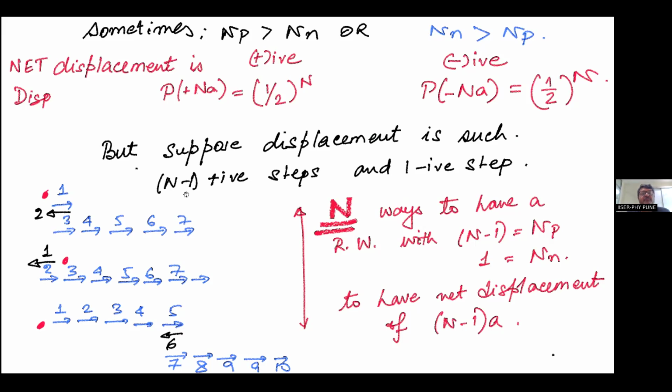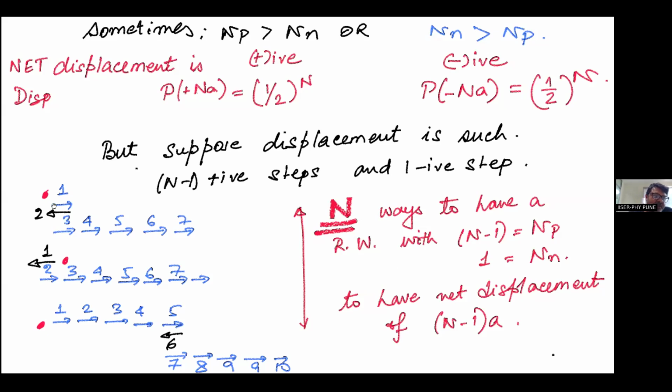But the number of ways that he can have n minus 1 positive steps and just 1 negative step, there are many ways to do that. Why? There are actually n ways to have a random walk where NP equals n minus 1 and NN equals 1. He takes only 1 step to the left.